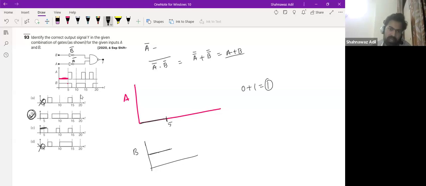And in 10, you see that B is 1. So from here to here, it should be 1, right? But you are getting 0. So this is the correct one.